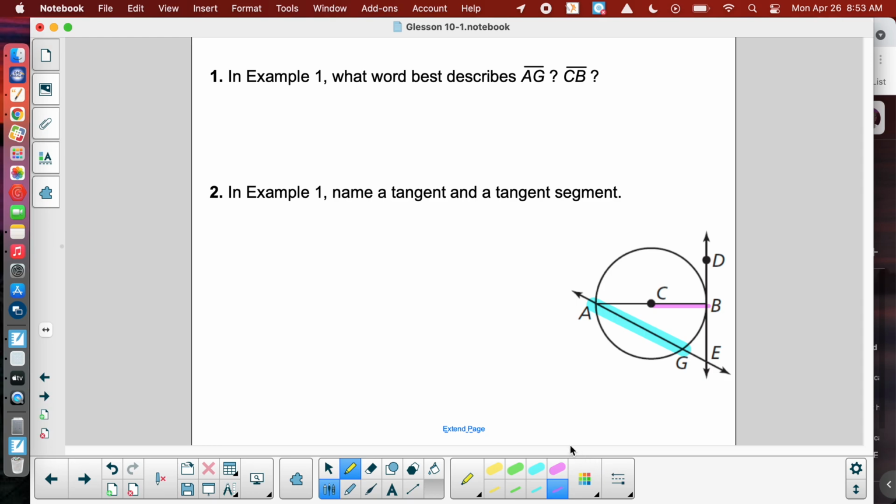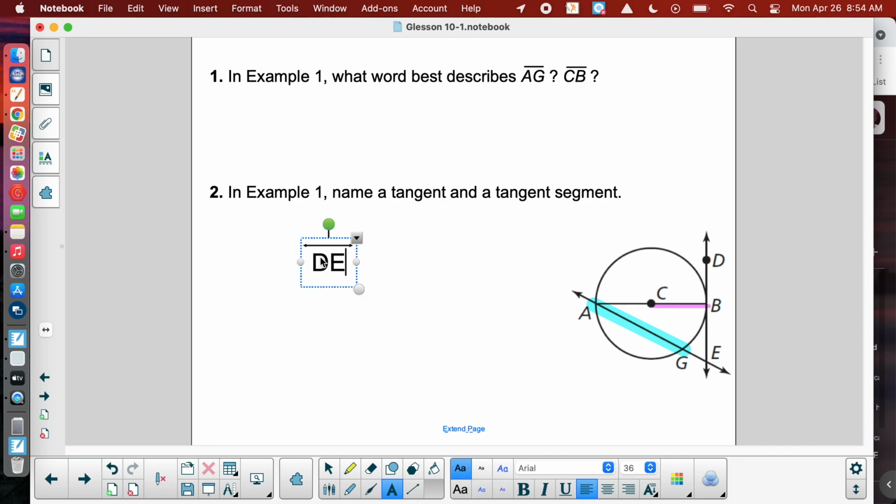We could name a tangent and a tangent segment in this picture. So a tangent line, I could say DE, ED, EB, anything like that with a line symbol. Remember, if we're naming a line, we use a line symbol. So if we did that, say DE, that's how we name the tangent line.